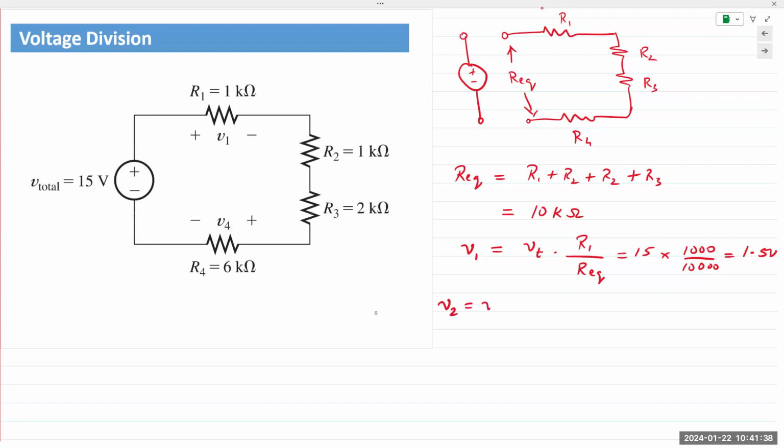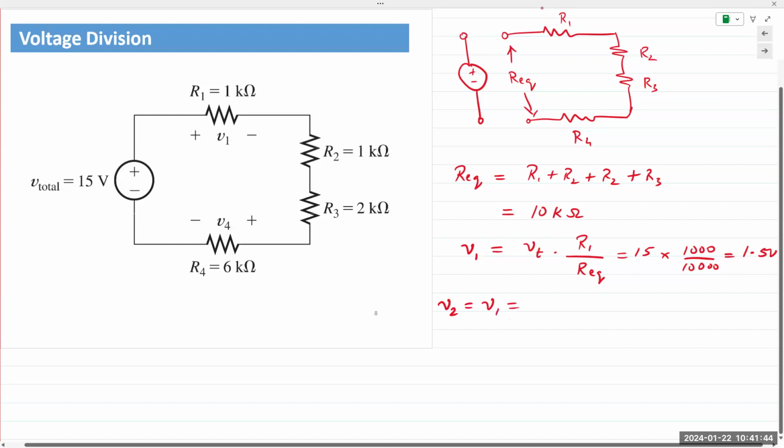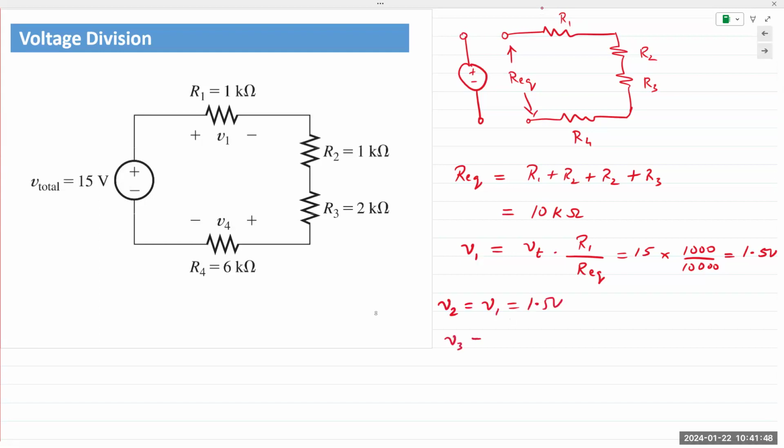So V2 is equal to V1, so we'll just leave it at that. V3 is V total times R3 over Req. Gives me 15 times 2000 over 10,000. 3 volts as expected, right?